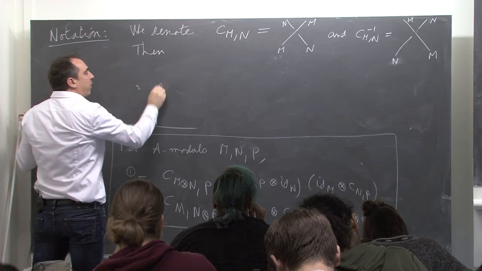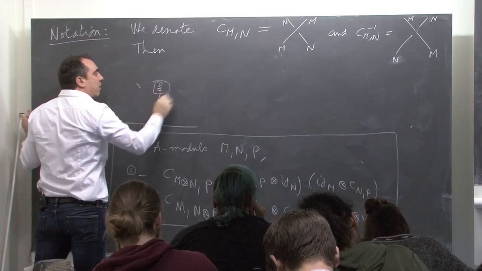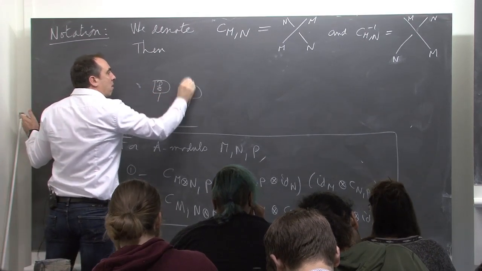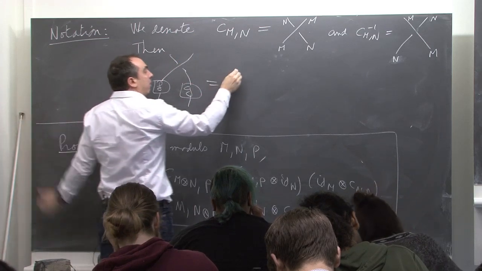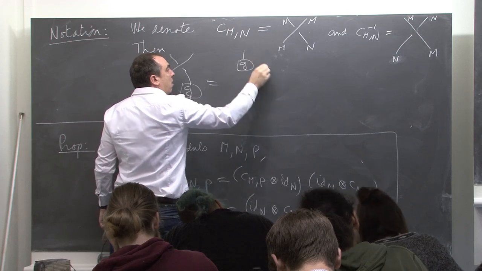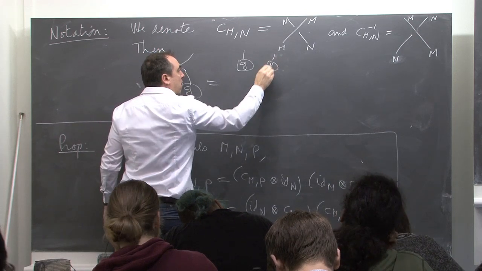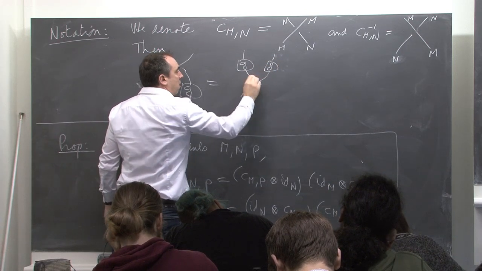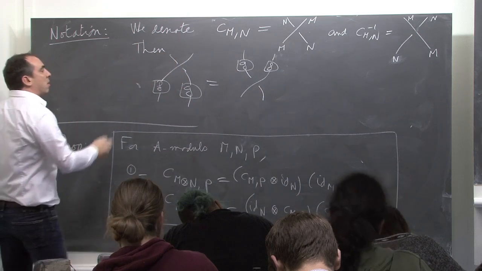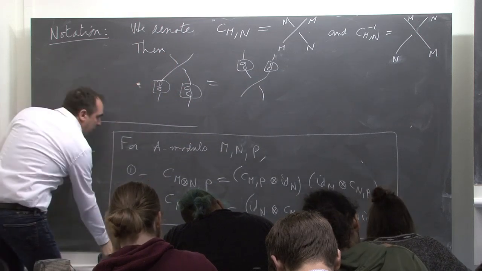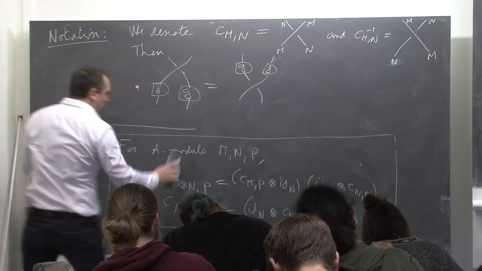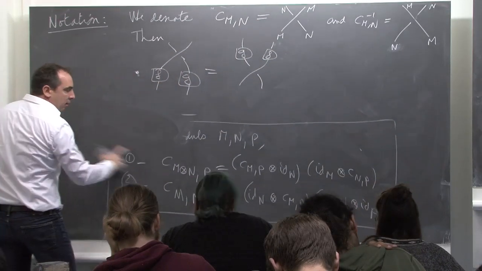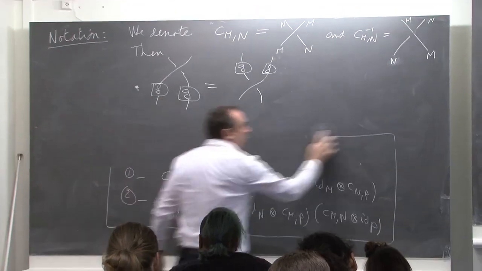It means this: I can slide a linear morphism like this. So this is the naturality of C. And then how do we translate these properties?